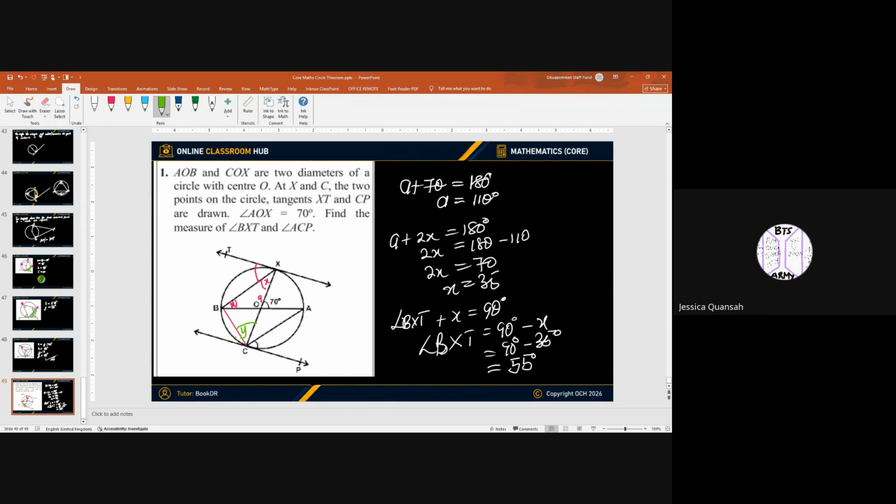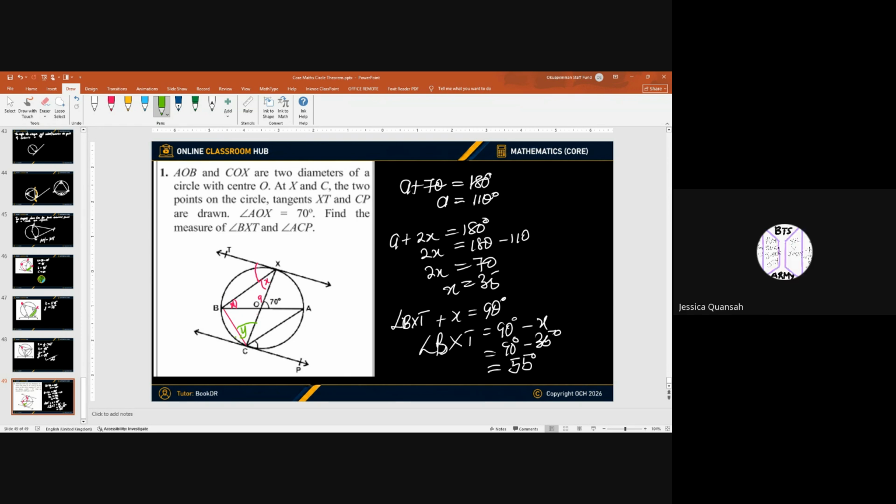BX. Yes. Which one? The angle subtended at the center. So that will tell us the Y is what?